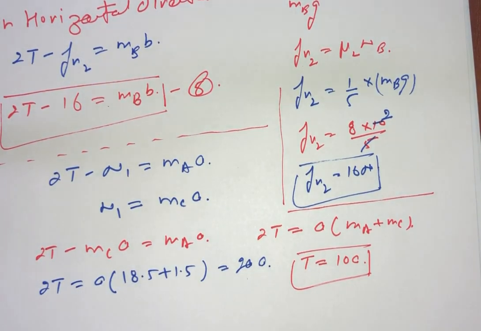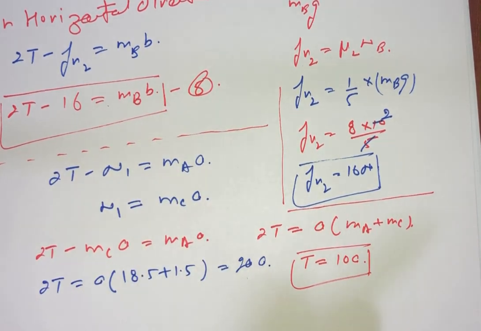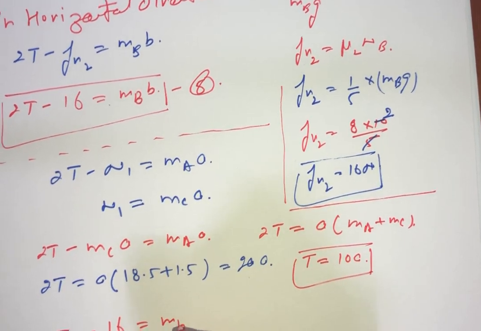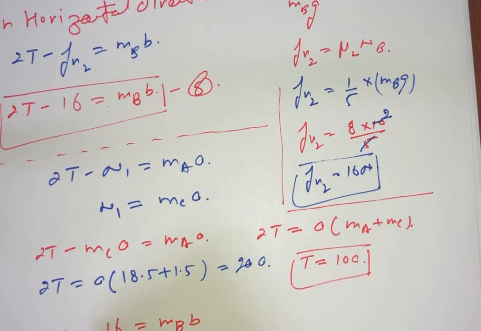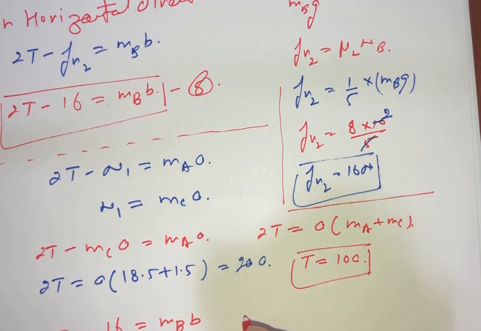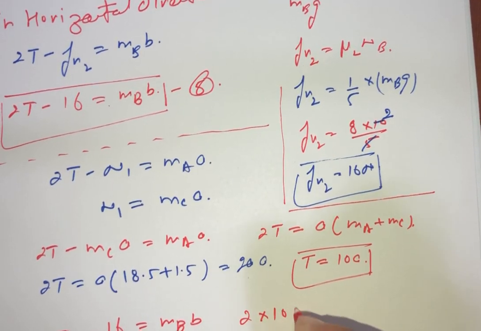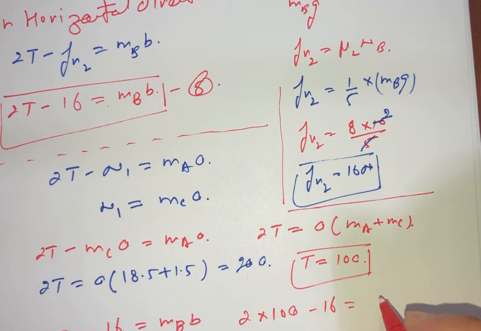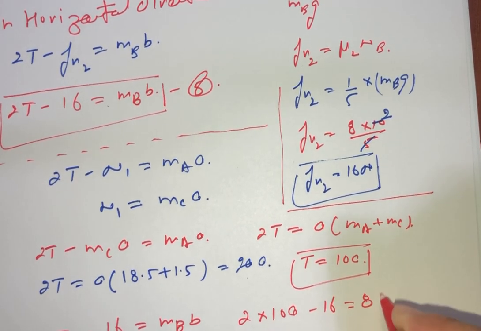Now we are going to use equation 5, which states that 2T minus 16 is equal to mB b. Substitute the value of T and solve it. So we get 2 into 10a minus 16, and mass of B we already know is 8 kg, so this is 8b.